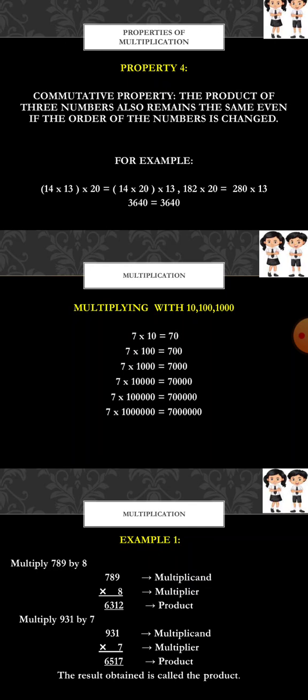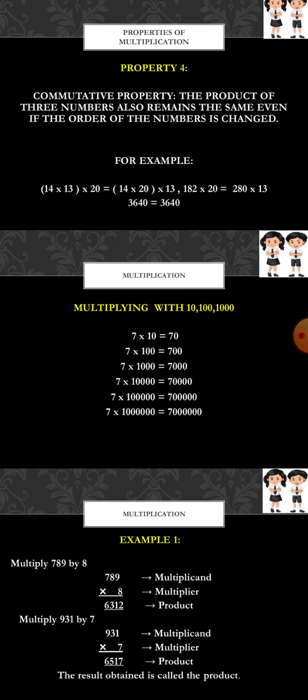In property 4, we'll take three numbers. Just look at the screen. Here we have taken three numbers, 14, 13 and 20. We have written 14 into 13 in a bracket. That means we'll first multiply these two numbers and then whatever result comes, we'll multiply with the 20.